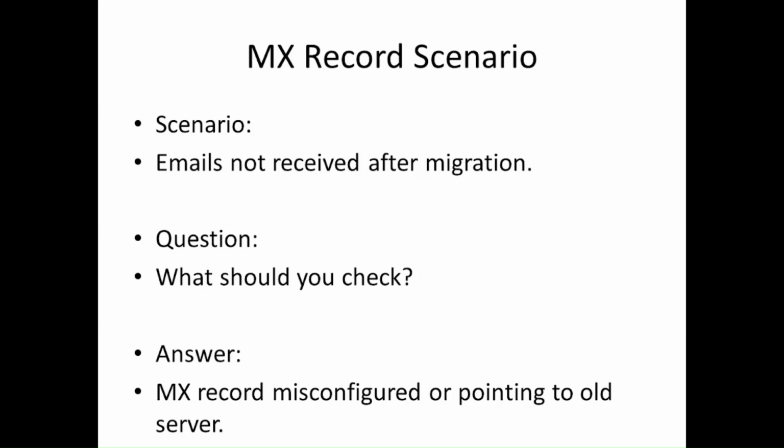This is very common during cloud migrations because a lot of companies are now moving and migrating to clouds. So I think this scenario will help you to troubleshoot the basic things. Fix is to update the MX record to the new provider.